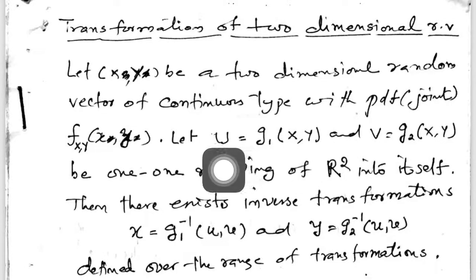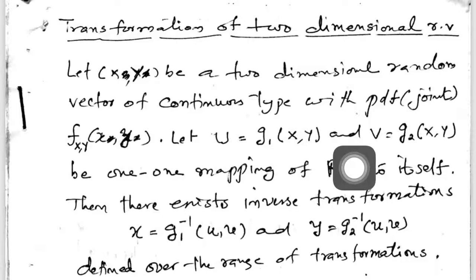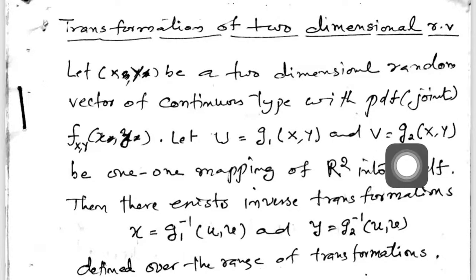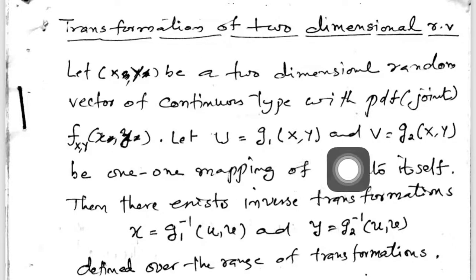So the new variable u will be a function of x and y, the original variables, and similarly another new variable v is equal to another function of the random variables x and y. Then we will determine the distribution of u and v jointly, that is the joint distribution of u and v, from which we can find the marginal distribution of u and the marginal distribution of v.